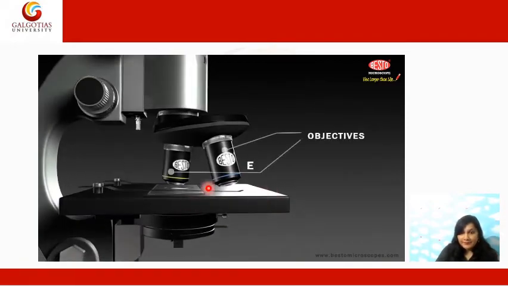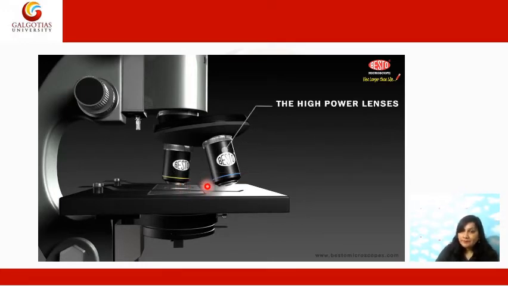You can see these are the objective lenses, which are near to the object. This is a slide over which we have kept our object that has to be studied. This is the high power objective lens. This is the low power objective lens.